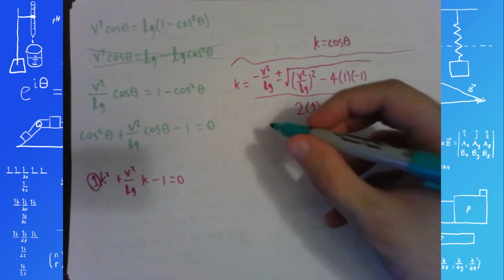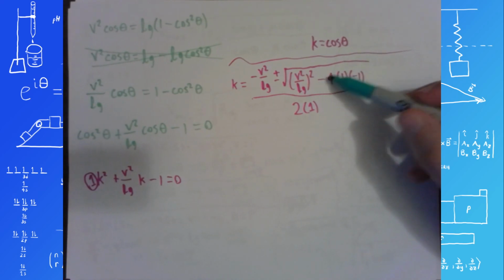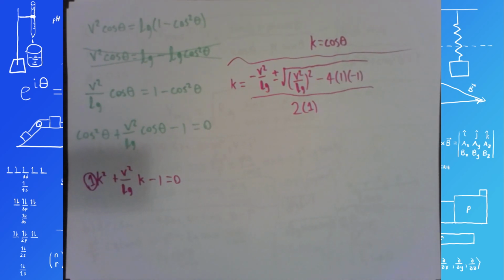So we've got negative 1.088, plus or minus, I'll start with plus, the square root of that same number squared, 1.088 squared. Minus and minus cancel out, so that's plus 4.